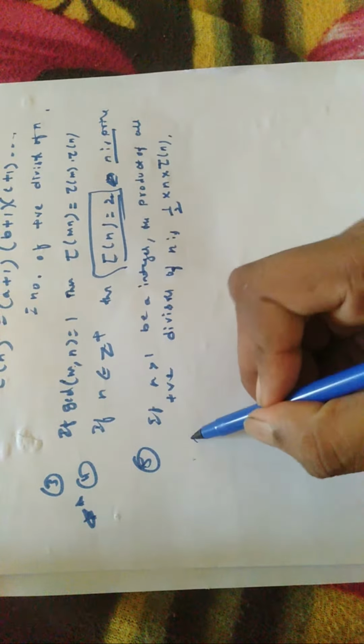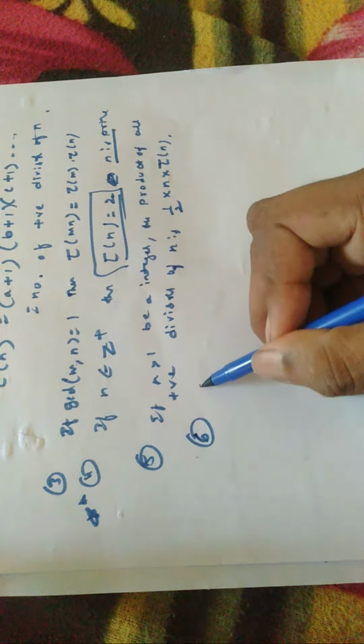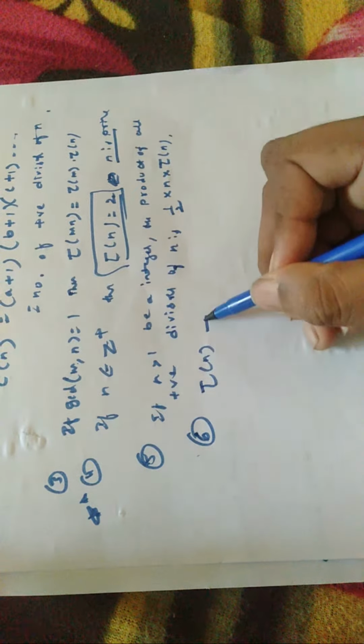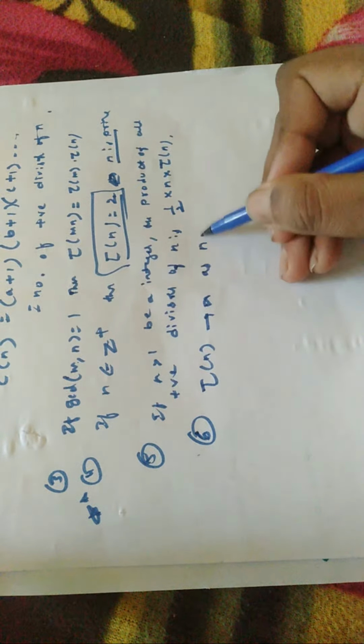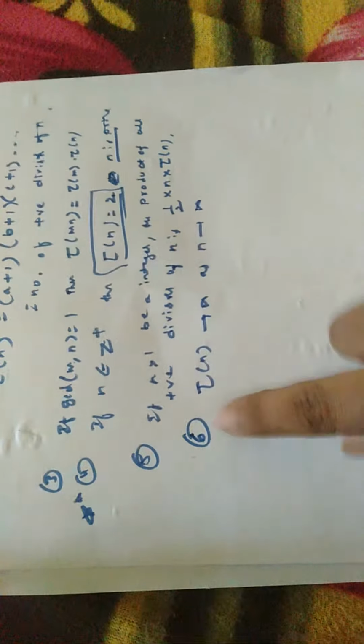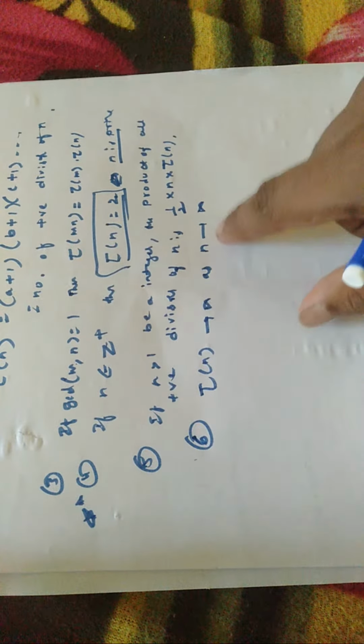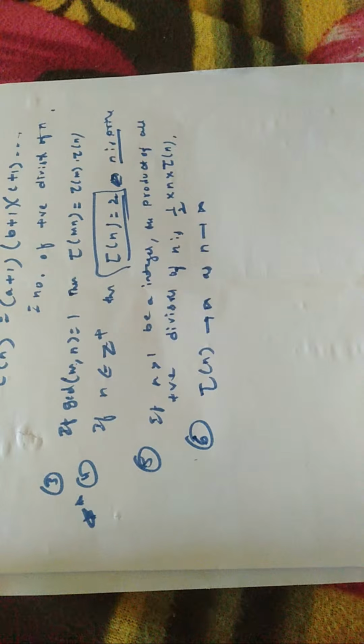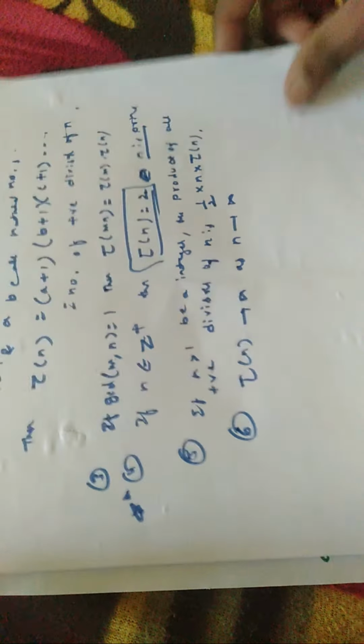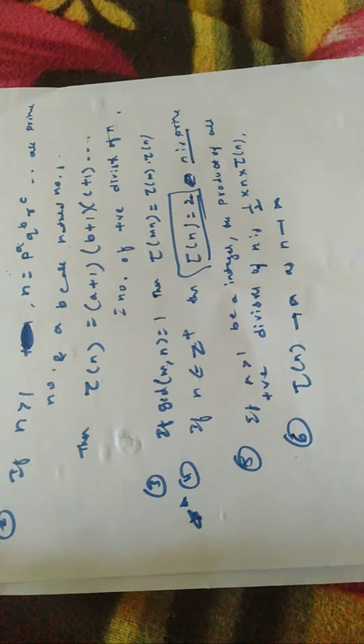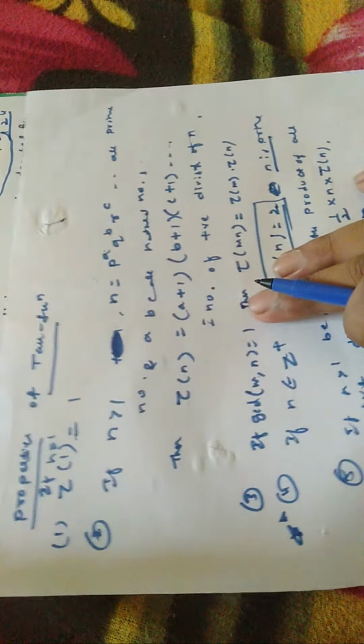This is also one of the important properties. Another property: tau of n tends to infinity as n tends to infinity. These are some important properties regarding the tau function.